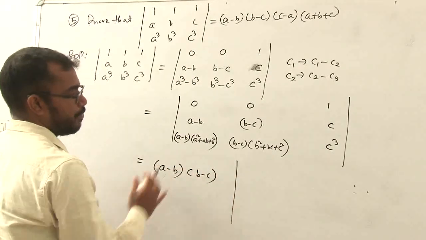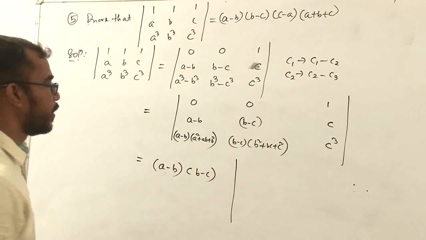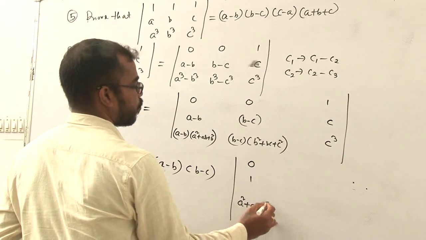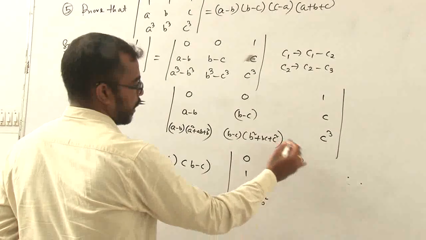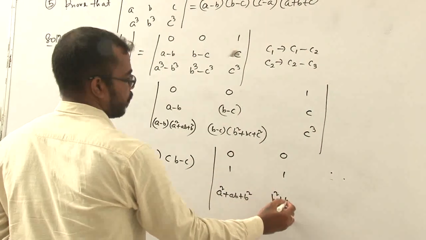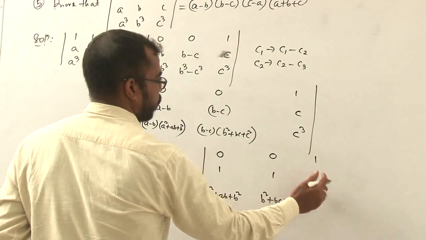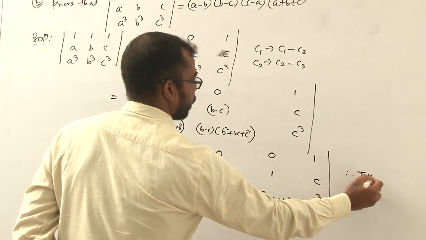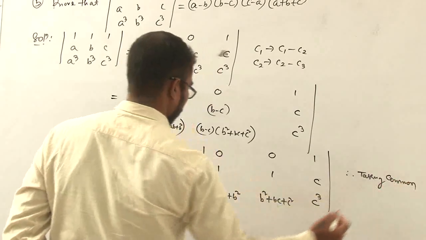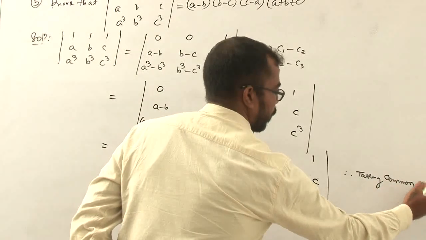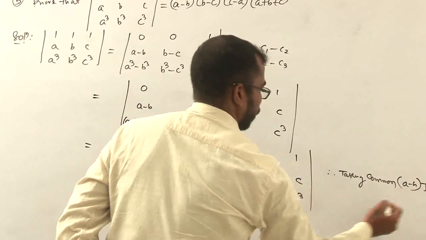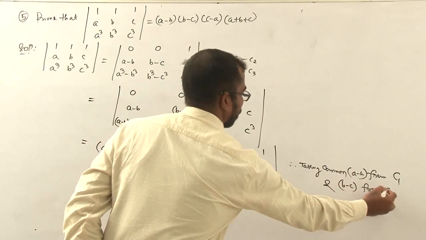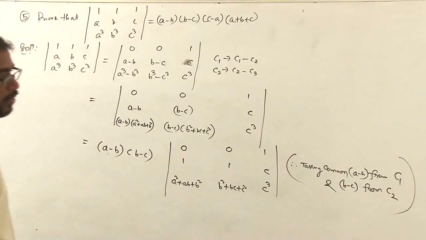So we can write 0, 1, A squared plus AB plus B squared, and the second column is 0, 1, B squared plus BC plus C squared, and third is 1, C. We are taking common A minus B from column 1 and B minus C from column 2, and you can write this on the right side.